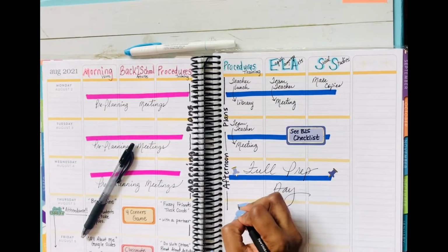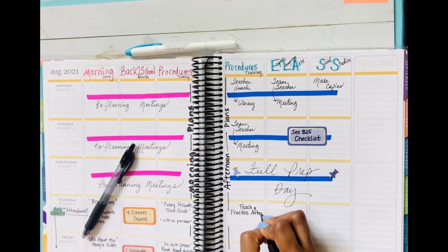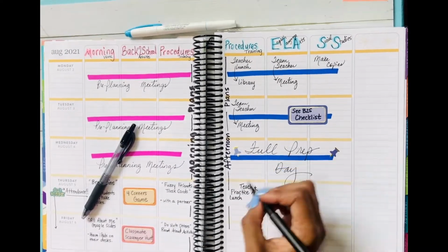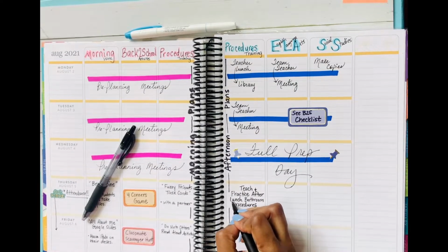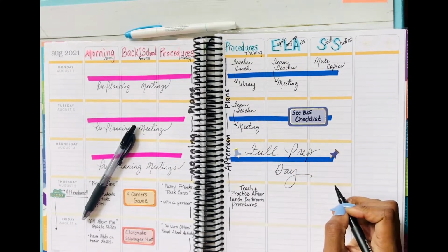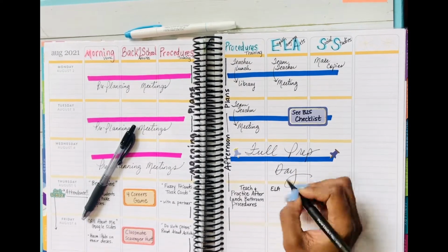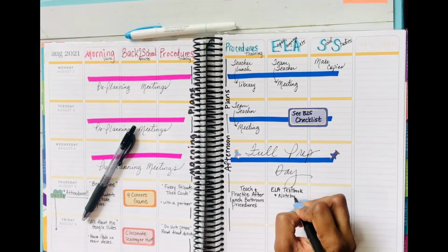As you can see here, I am continuing to fill in my lesson plans for those afternoon sessions, the afternoon class that I have with my students. And as you can see, more procedures, going to the bathroom. This is a lot of transition time because the group of students that I have in the afternoon, I get them from lunch.